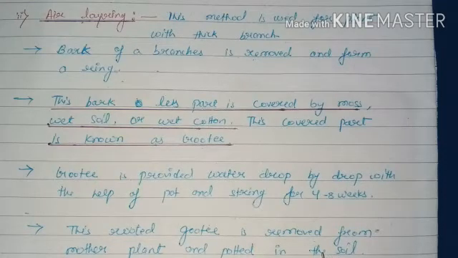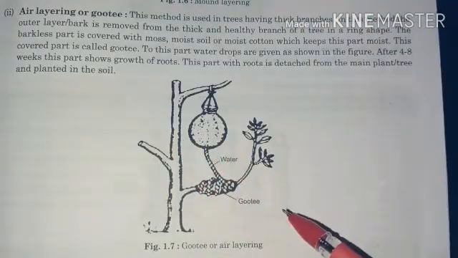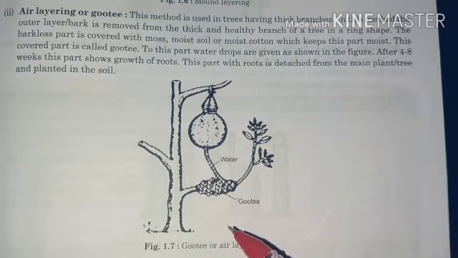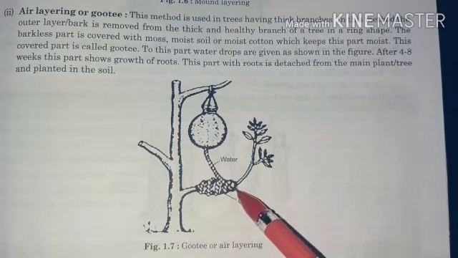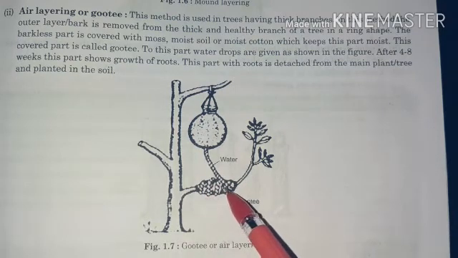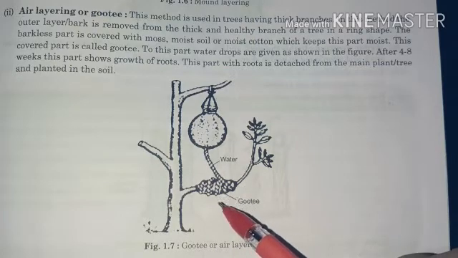The mother plant is there. Okay, I will show you the diagram here. This is used for hard branches. For a plant that has hard branches, we choose any branch and remove the bark from it. Here we can see that the bark is removed in that portion. Why do we remove the bark? Because bark is non-living, so it is removed from here.